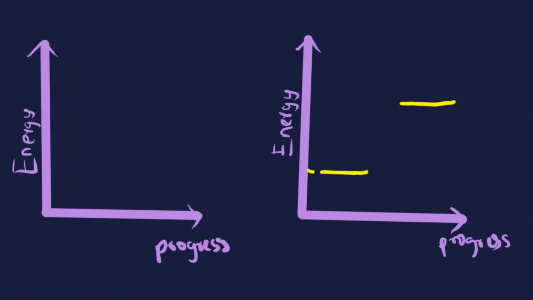So, let's say this is the enthalpy change, and let's say that this is equal to 50 kilojoules per mole. Does it mean that if we provide the reactants with 50 kilojoules per mole, it will turn into the products?